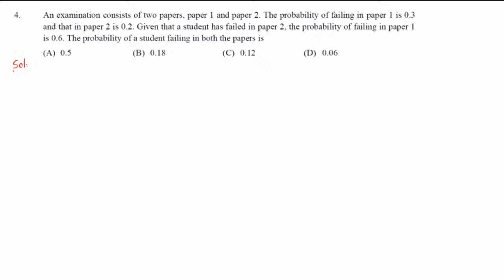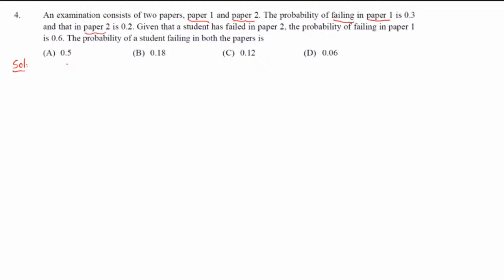Solution. An examination consists of two papers, paper 1 and paper 2. The probability of failing in paper 1 is 0.3 and that in paper 2 is 0.2.